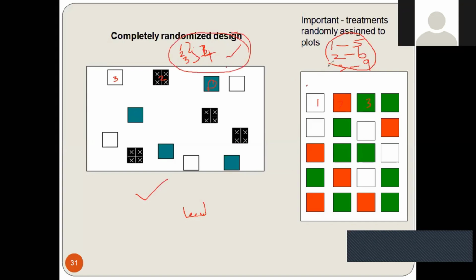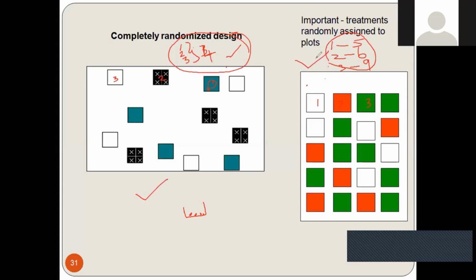But in certain cases, we can go for the unbalanced design. Maybe we are not going to talk much about unbalanced design here, but this is also fine. We can do research on unbalanced design.